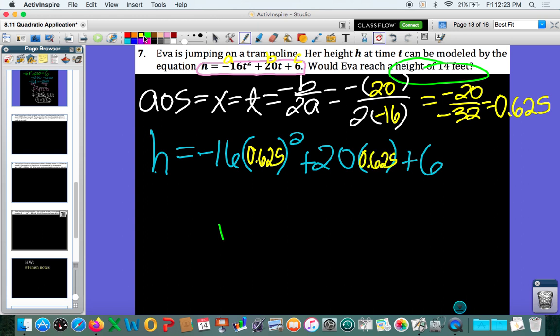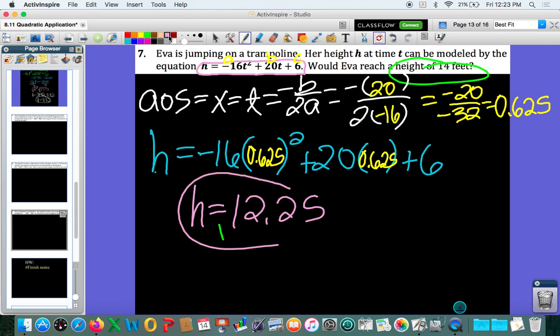Excellent. Now when you do this, you're going to come up with an answer that the height is equal to 12.25. So the question is, does she reach 14 feet? Well, no. Her maximum height is going to be 12.25 feet. She can't get to 14. So, no.